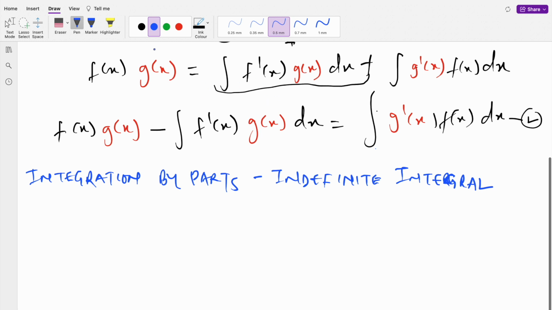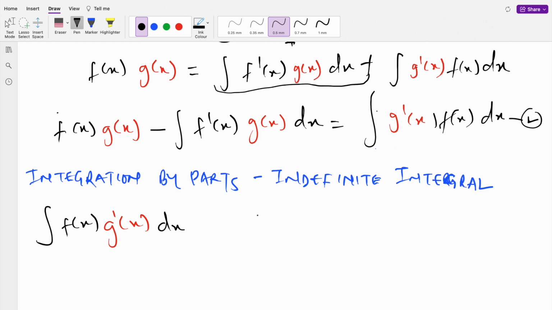So from equation star, I can have the integral of f of x g prime of x dx.